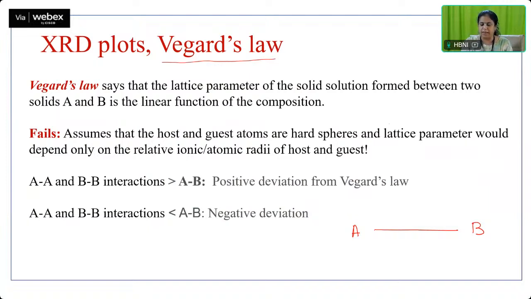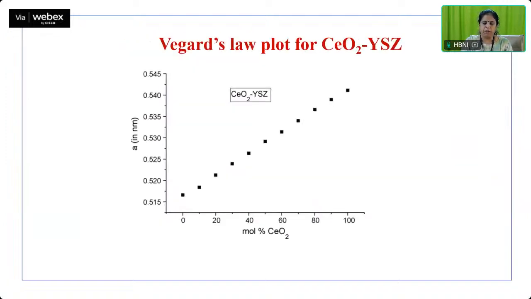That is, suppose you are forming solid solution between ceria and YSZ. I have taken this example because this is what I did myself about 20 years back during my PhD, so this is what I could actually observe.